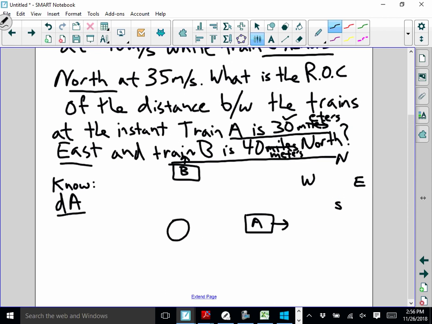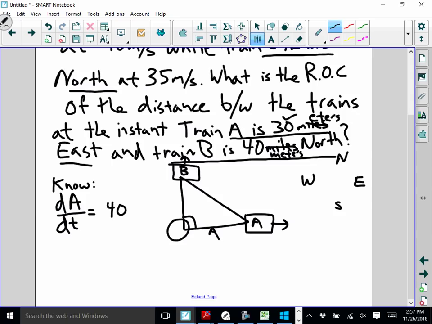Now I want you to think for a second, should that 40 be a positive number or a negative number? Well, here's where I need to be careful. What we're forming here is a right triangle. And I want you to think, is that distance A, this is the distance A right here, getting bigger or smaller?